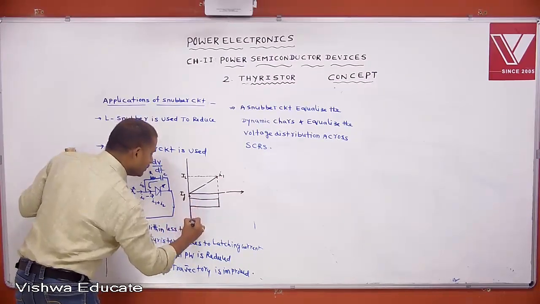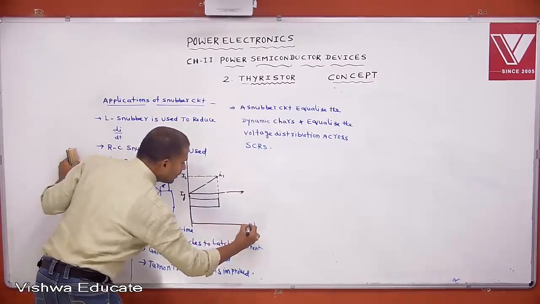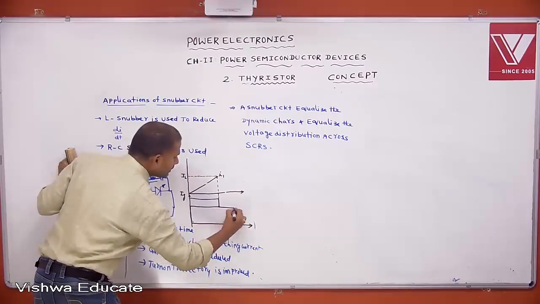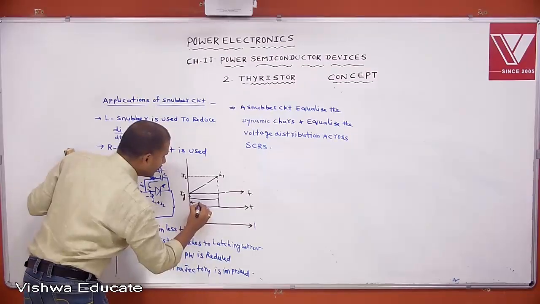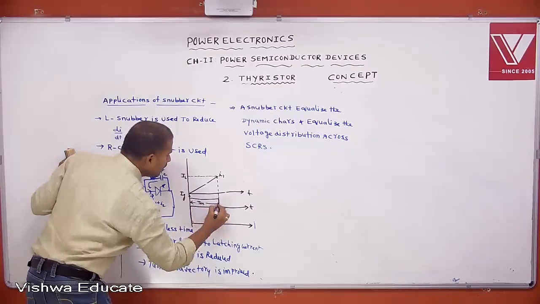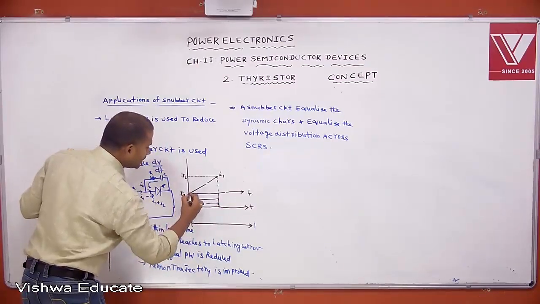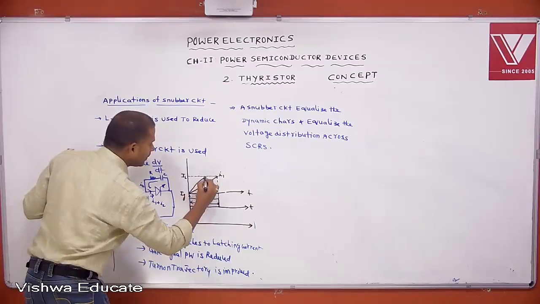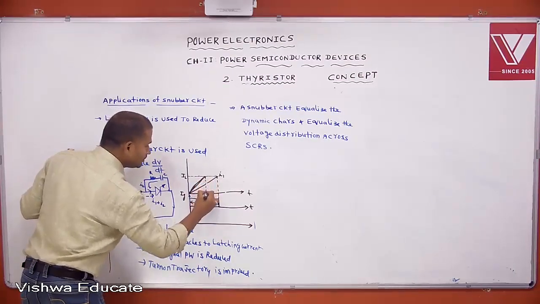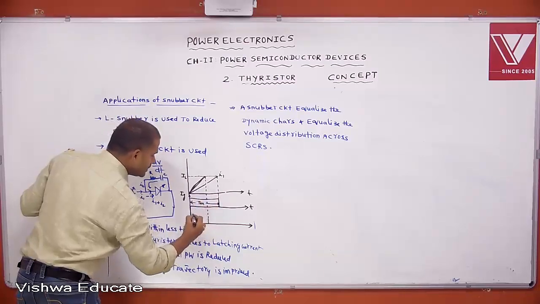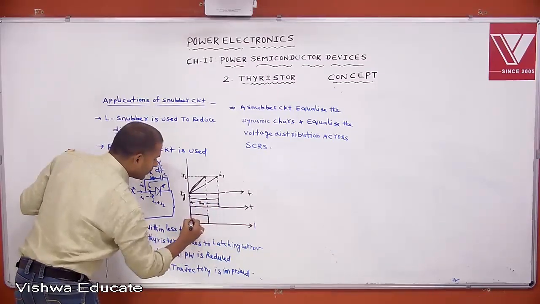Now both I1 and I2 are present. This is the gate on time. This is the gate signal requirement.